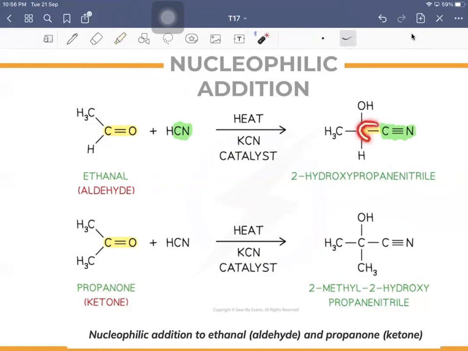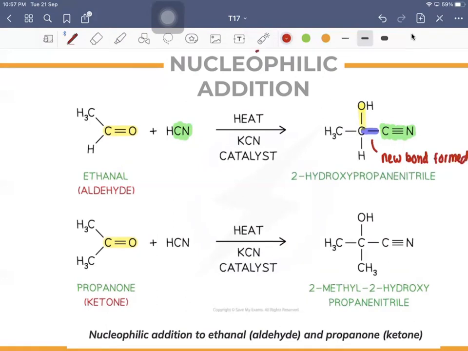Your oxygen is still here, but instead of having a C double bond O, it now becomes a C single bond O. The yellow is the CO bond, and the blue bond is the new carbon-carbon bond being formed.